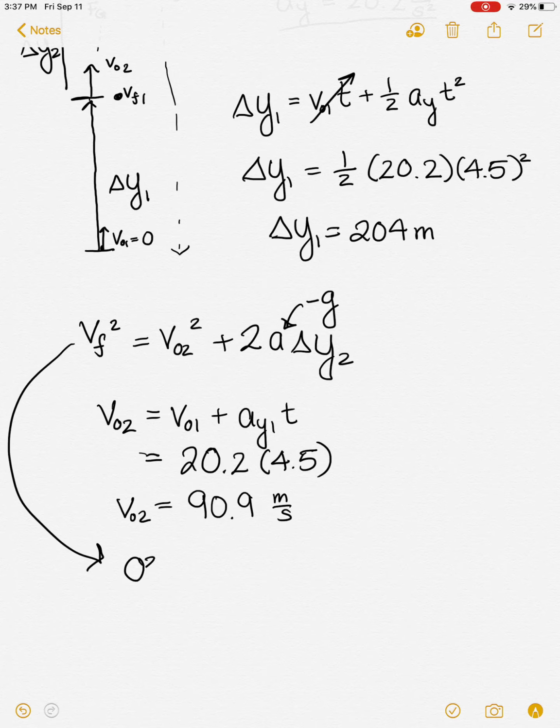So then for our kinematics, we have 0 squared is equal to 90.9 squared plus 2 times negative g times delta y2.